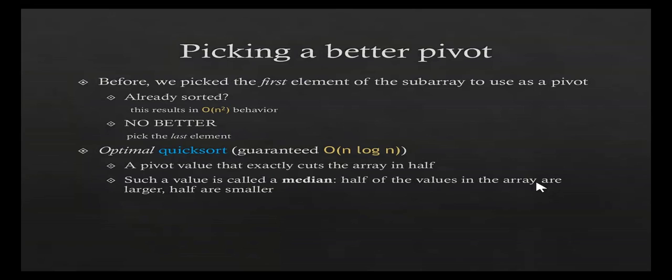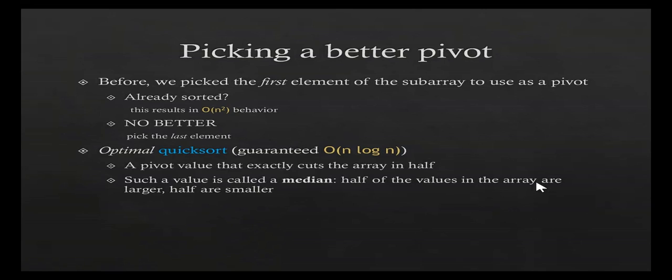If we pick the first element of the sub-array as the pivot, as in our example, and the array is already sorted, this gives order n squared behavior, because that is the worst case scenario. It is no better if we pick the last element. No matter whether we pick the last or first element as our pivot, we cannot change the behavior because the array is sorted.